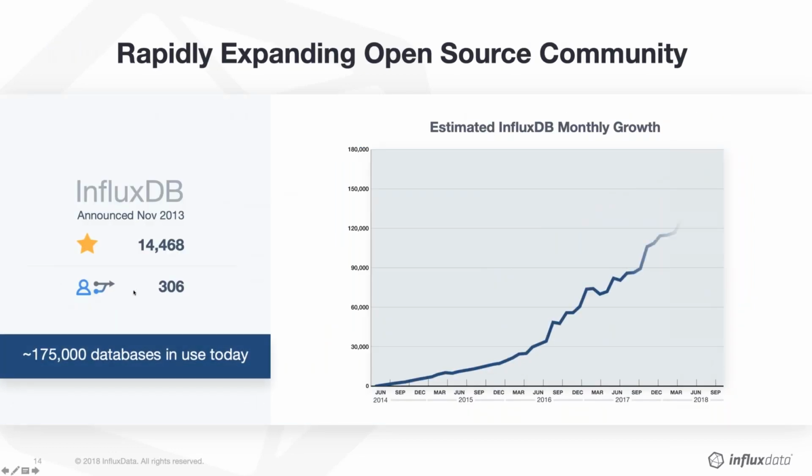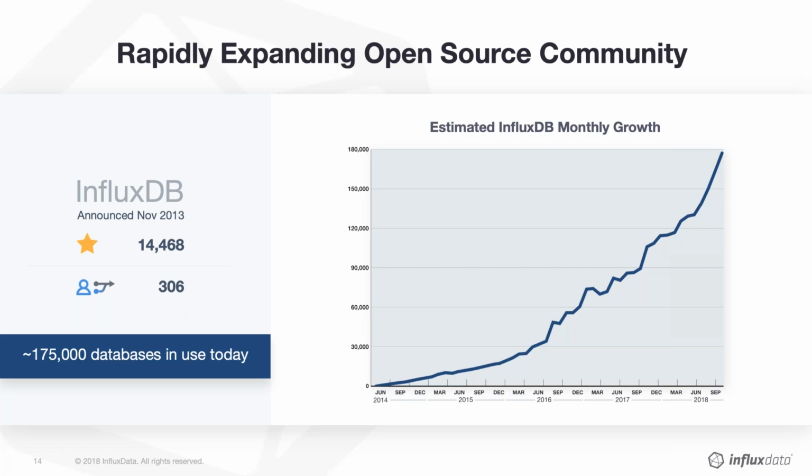Another slide which shows our adoption. So open source core, we are fortunate to have a very vibrant, very active user community. Around 15,000 Git stars. We are about 14,500, I guess. And they go up every day. And we have 175,000 databases in use today. The reason we say that is our database has a phone home feature, which we encourage users to disable if they would like.